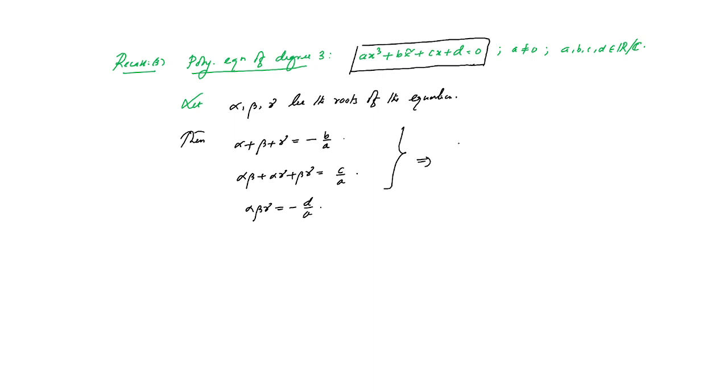So you can write it this way: summation alpha equals minus b by a. Summation alpha, because it is a symmetric function, means alpha plus beta plus gamma, and summation alpha beta equals c by a, and alpha beta gamma equals minus d by a.